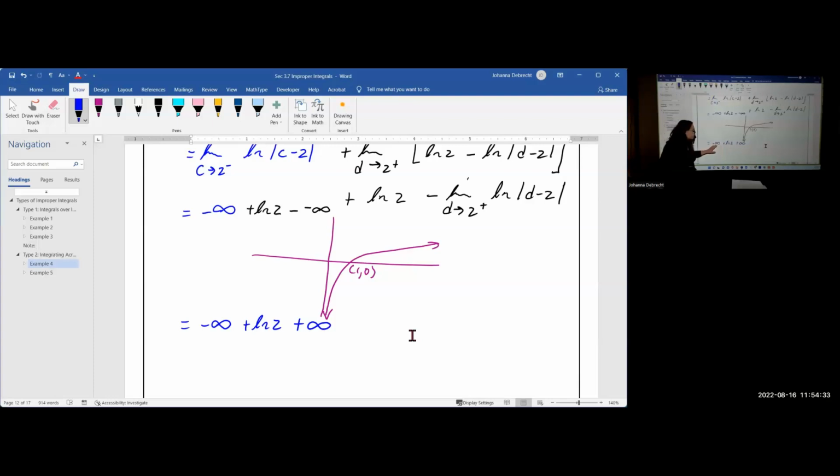And remember that infinity minus infinity is an indeterminate form. So when we see this infinity minus infinity, it's indeterminate, but I've already done the limit. So I can't apply L'Hopital's rule. There's nothing more to be done here. This is the result of the limit, and it is inconclusive.